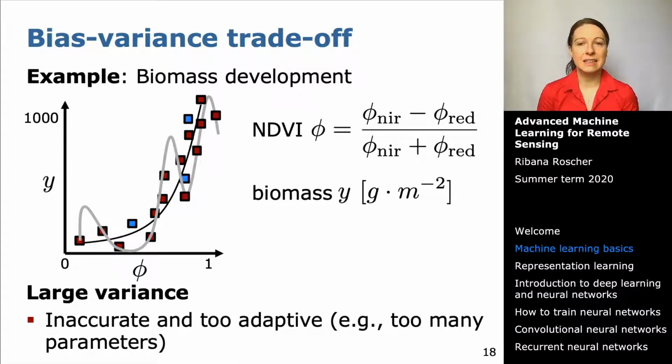But in this case, we will end up with an inaccurate model because it's too adaptive to the training data. If we would choose another subset of the training data, we would end up with a very different model, and therefore we have a large variance. So every time you change the subset and the model changes a lot, you will end up with a large variance.